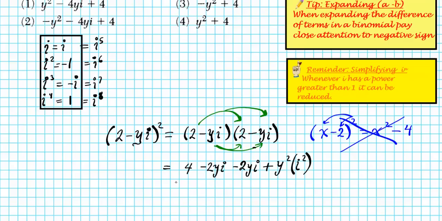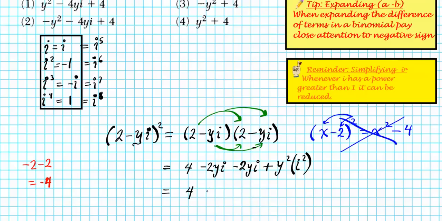Now let's go ahead and simplify. We have 4 minus 2yi minus 2yi. You just focus your attention on the coefficients. What is negative 2 minus 2? The signs are the same, so you add and keep the sign. Negative 4. The same pattern applies here.